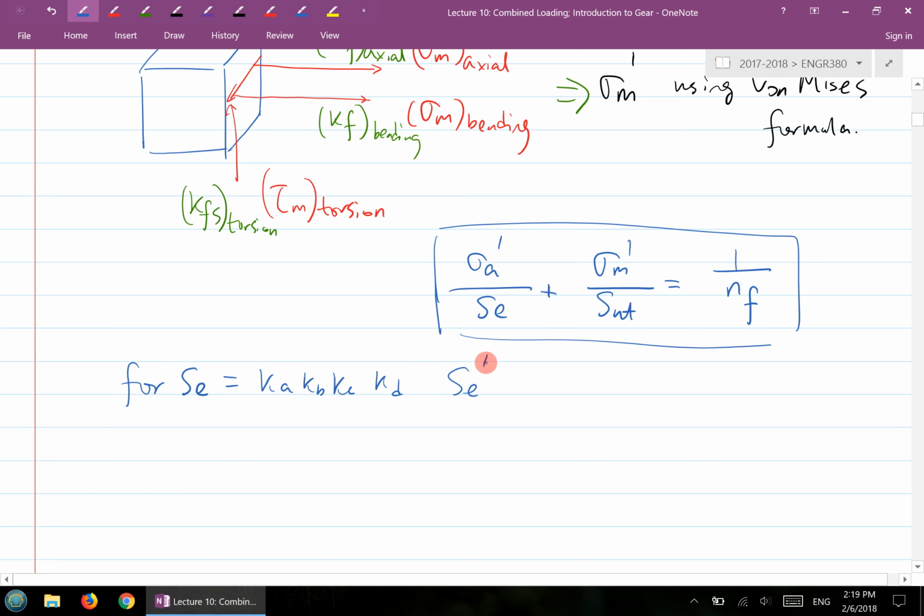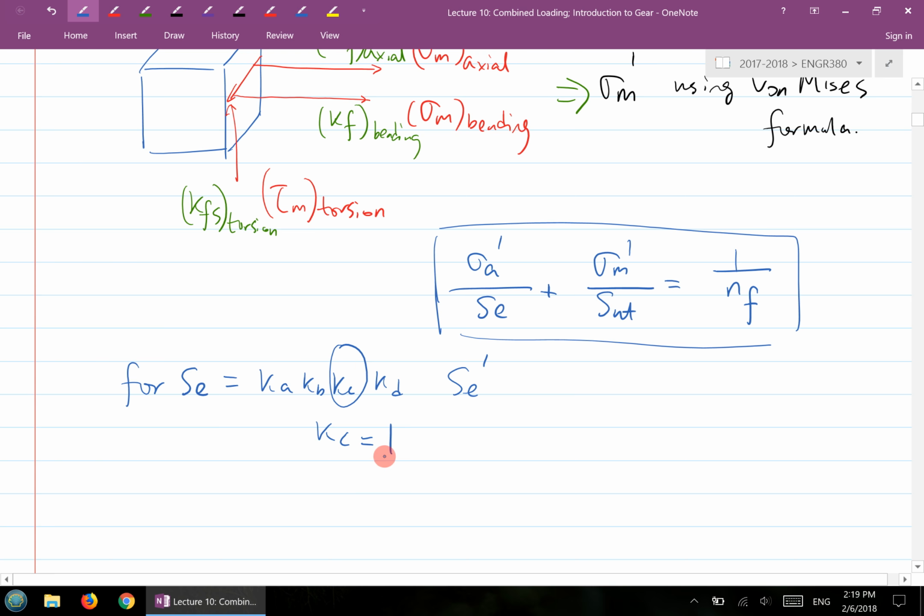One of the factors here is KC, which is called the loading factor. KC here you take as 1 because this is combined loading. So we take KC as 1 for the loading factor among those Marin factors.